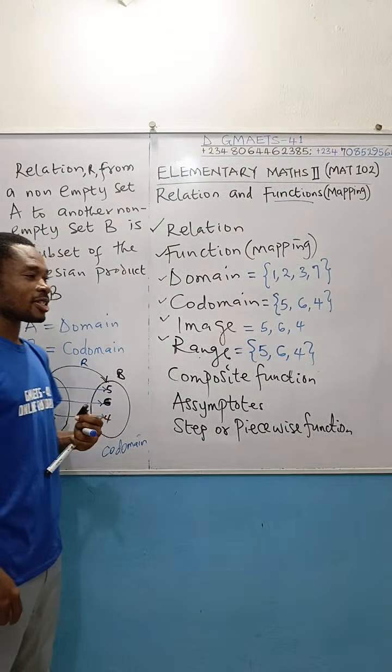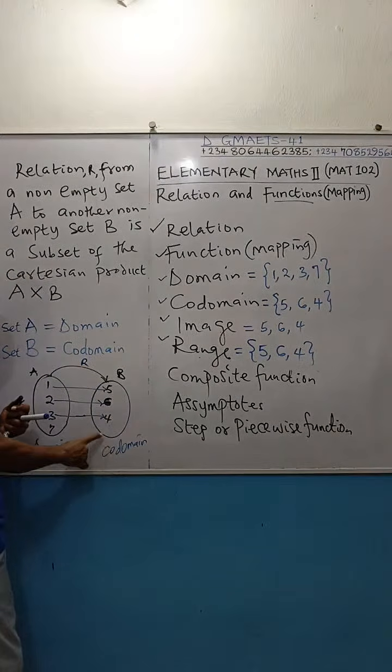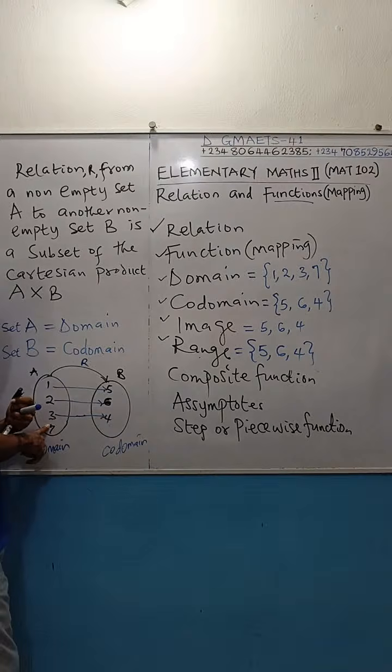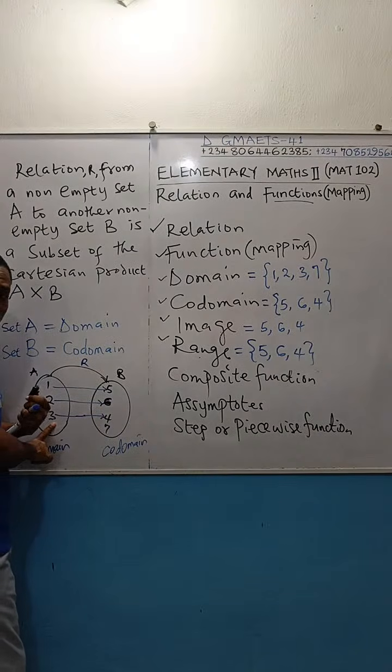Take note, please, that it is possible for you to still have an element here and this 7 will not be there. Let me assume that I fix 7 here, and then there is no 7 here. Something of this kind. No 7 here, but you have 7 in the codomain. Again, that is going to be a relation.